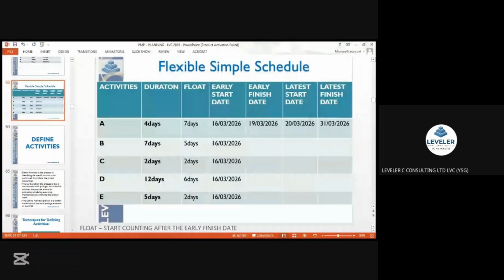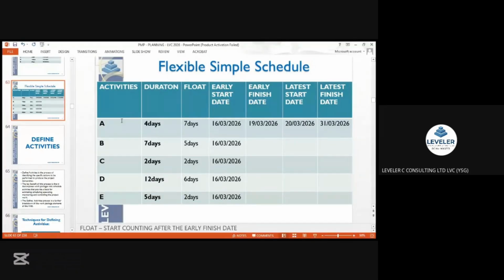The new headings are early start date, early finish date, latest start date, and latest finish date. Those are the new items you will find when you are running a flexible simple schedule that contains a float. So we have our activity, duration, float, early start date, early finish date, latest start date, latest finish date.